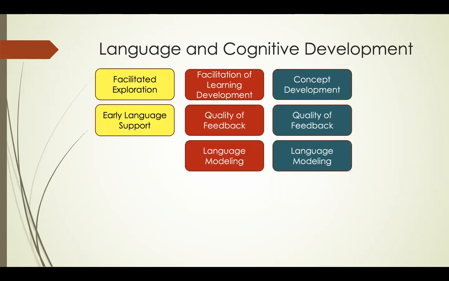And the final one of the categories that we talked about is learning, language, and cognitive development, which in CLASS is called instructional support, and concept development, quality of feedback, and language modeling are under those dimensions. And you'll hear me using those different terms. Those are the CLASS terms. So the overarching idea is called the domain, and the ones in these boxes, we refer to them as dimensions.